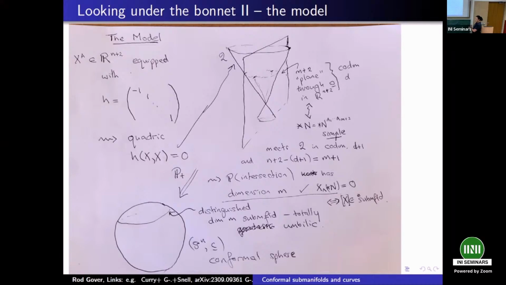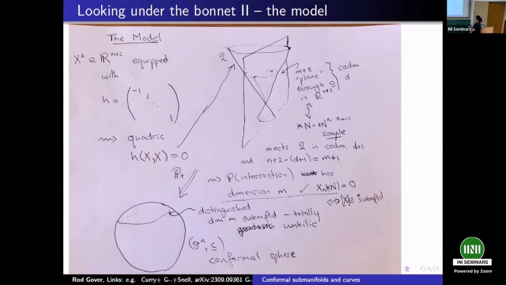And when you take the ray projectivization, it'll produce nice submanifolds here. So if you take a dimension m+2 plane through the origin and do this, the intersection has dimension m+1. The ray projectivization gives you something of dimension m.